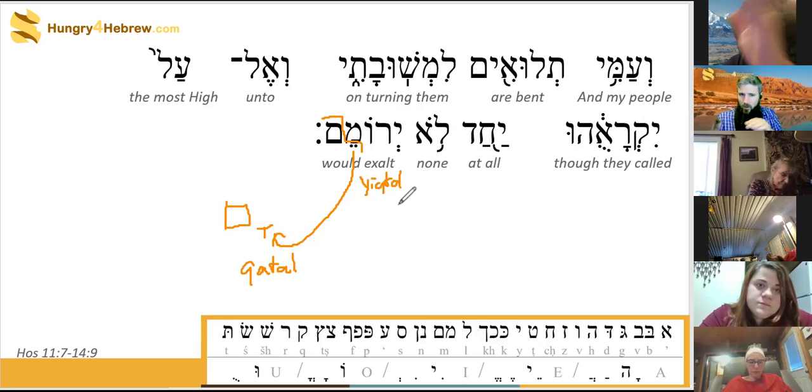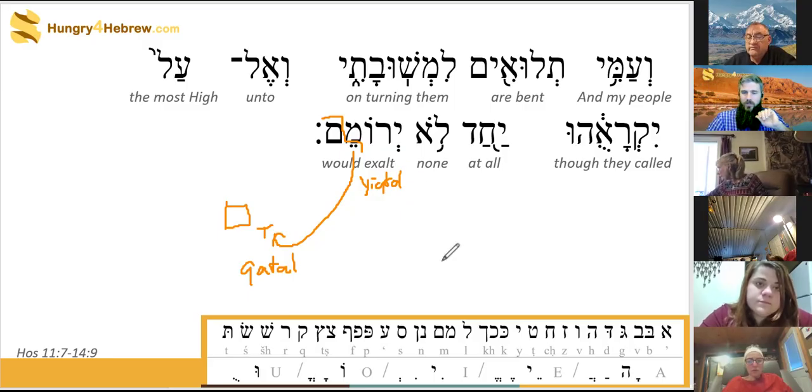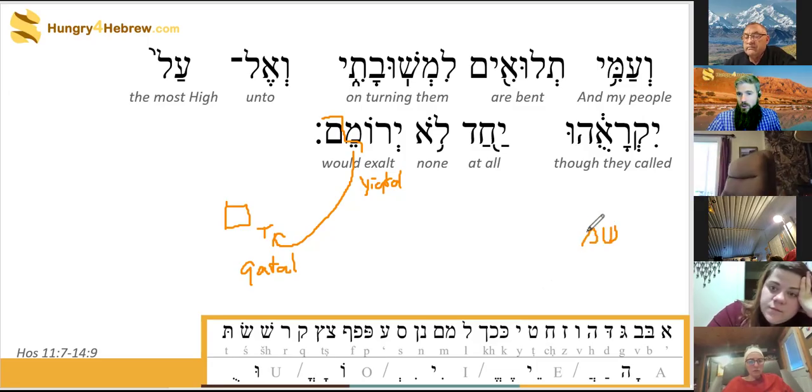Okay, it's a theme vowel. It's one of the ways you can differentiate between katal and yiktol. And so if he guarded them, it would be shmaram. But if he will guard them, it becomes yishmeram.